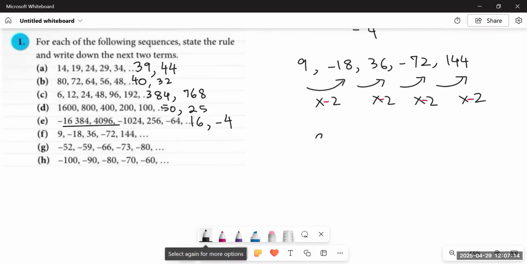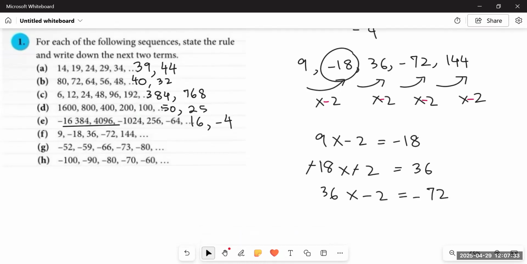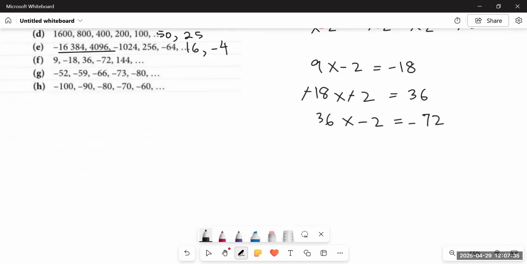And you can check: 9 multiplied by -2 is equal to -18. But -18 multiplied by -2, minus minus cuts, would be positive 36. And 36 multiplied by -2 gives me again a negative number, that is -72. Since I have to write down the next two terms after 144, what will I do?